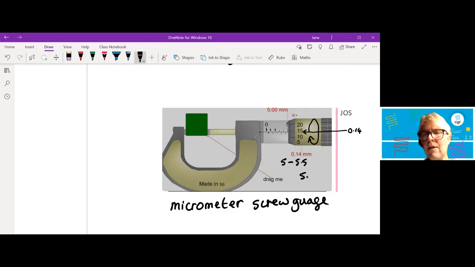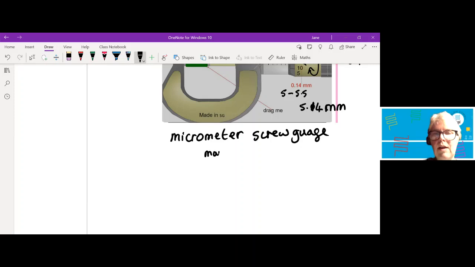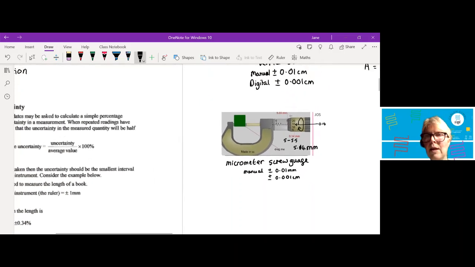So therefore I go 5 and then add on to that 1.4 millimetres. Okay, so the manual resolution for a micrometer screw gauge is plus or minus 0.01 of a millimetre, i.e. plus or minus 0.001 of a centimetre, which I'm hoping is 10 times more precise, 10 times greater resolution than the manual vernier scale.